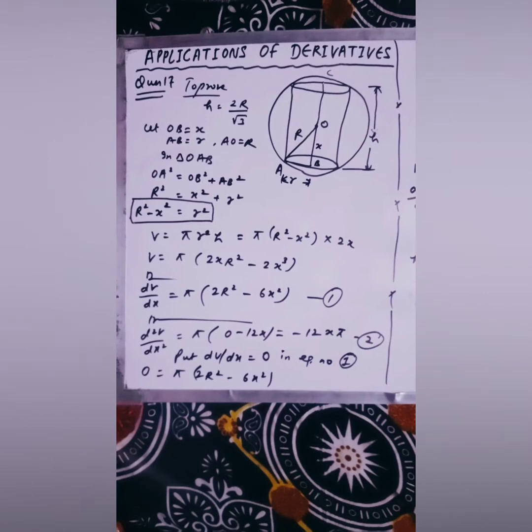Hello everyone. Now after completing the 5th exercise, that is 6.5, of the chapter Application of Derivatives, now we are solving a miscellaneous exercise. Fine. So here first I'm solving question number 17 of your miscellaneous exercise. Okay.